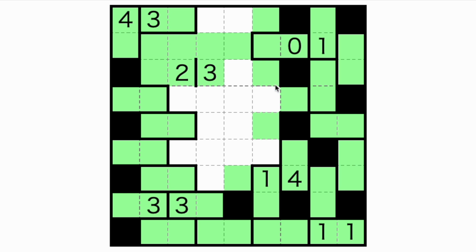We've got a dead end to fill out there, and 1 here, and 1 here, which gives us another one here, and another one here. That also gives us another isolated cell that's going to need to be shaded. We could also get that from this 3 clue.